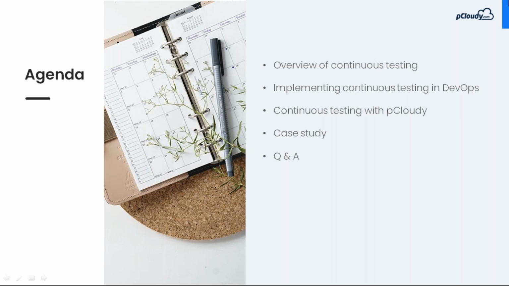All right, now before we move on to the next slide, I just wanted to tell you what key takeaways you will have towards the end of this webinar. So you will be understanding continuous testing. Any testing practitioner who is aware of automation and DevOps will be able to understand this concept pretty much faster.